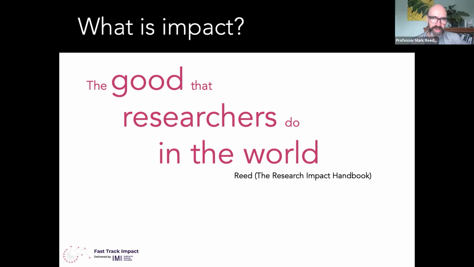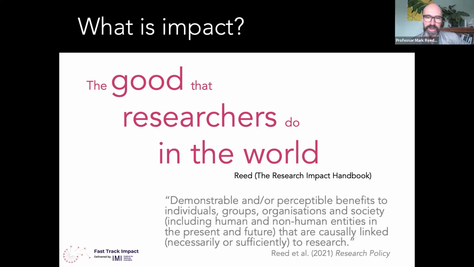This is not about just benefiting our research group, our PhD students, our discipline. That's academic impact, and that's good. But we're talking here today about the work, the good, the benefit that we derive outside of that. And this is my more official definition, if you look at my 2021 paper in Research Policy.